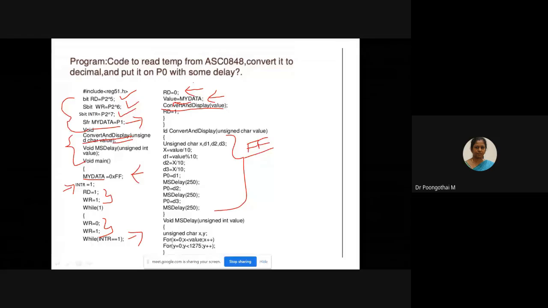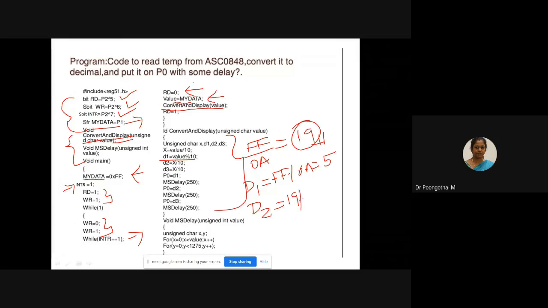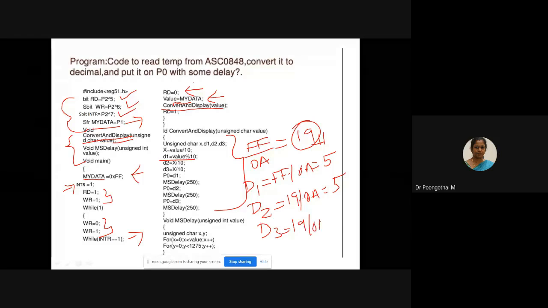For example, FF by 0A means 19. I'm separating the values. D1 is equal to FF modulus 0A, that is 5. So D1 is 5. Next, D2, I'm taking this value 19 modulus 0A, which is 5. D3, 19 divided by 0A, is 2. So this is the calculation.